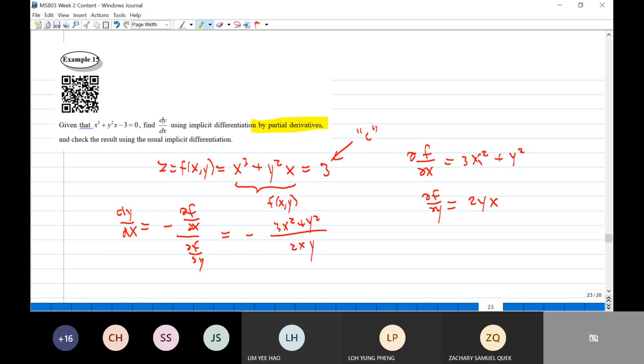Partial differentiation is easier, because you just differentiate one variable at a time. We can also get the same answer by using the usual implicit differentiation, then we compare answers.